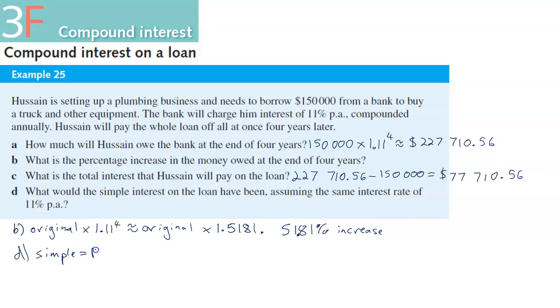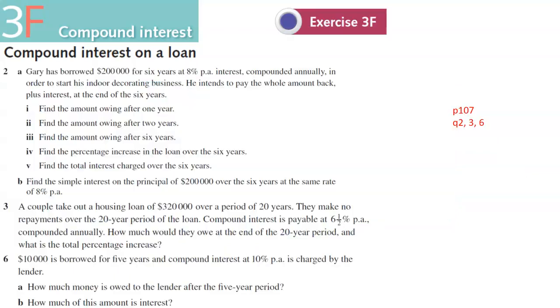Remember, simple interest, principal times rate times time. So the principal amount, the initial amount he borrowed was 150,000. The rate was 11%, which we write as a decimal, and the time was 4 years. So if he was just paying simple interest, he would have to pay back 66,000. Pause the video while you have a go at questions 2, 3 and 6.